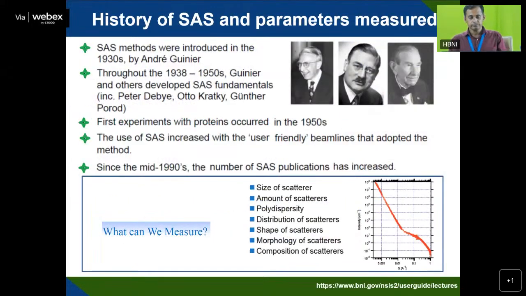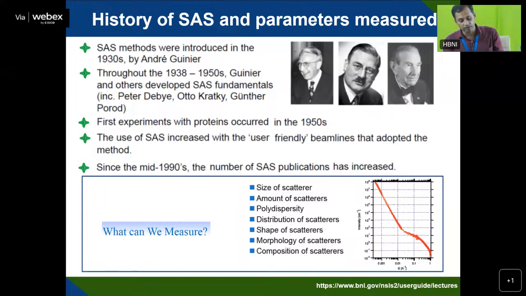If you go back to the history of small angle scattering, you will see that around 1930 it was first introduced by Guinier, and then from 1938 to 1950 Guinier and others developed small angle X-ray scattering fundamentals. The first experiment with protein occurred in 1915.